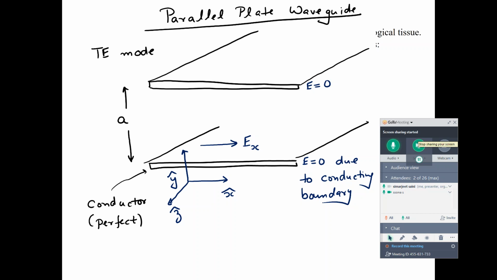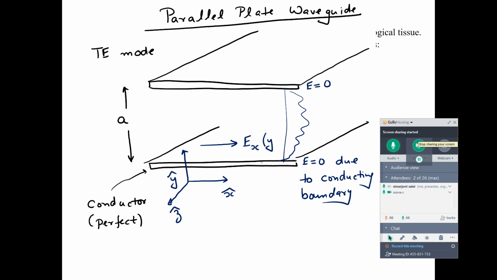Because this electric field has to be zero at the two places for any solution to exist, it means that the electric field should have an amplitude variation going in the y direction. So there must be an amplitude variation in y.